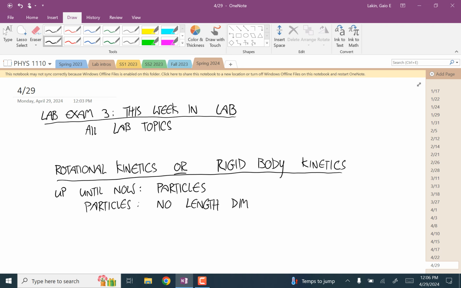And you can't say anything about the orientation of particles. You can't say the head is facing this way and now the tail's facing this way and stuff like that, because it's all just at a single location.